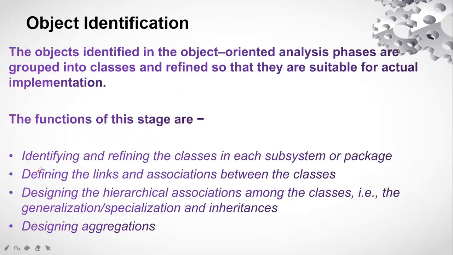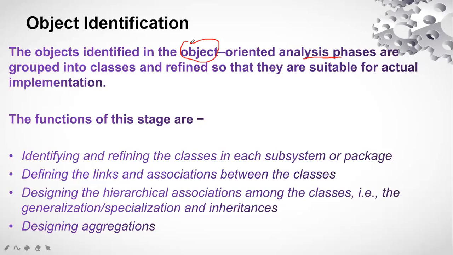First, object identification. First of all, we need to understand that the objects are identified in the object-oriented analysis phase. So in which phase do we identify the objects? In the analysis phase. And what are we going to do? We are going to group these objects into classes, right?